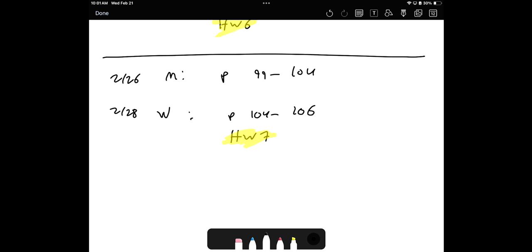Then on Friday, which is before the spring break, there will be no class. So we will have a spring break after Friday as well. The next meeting will be after the spring break, which I think will be March 11th.